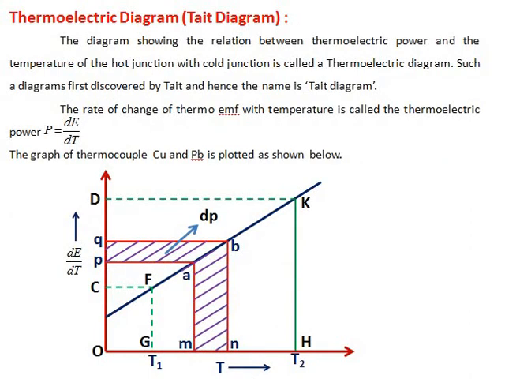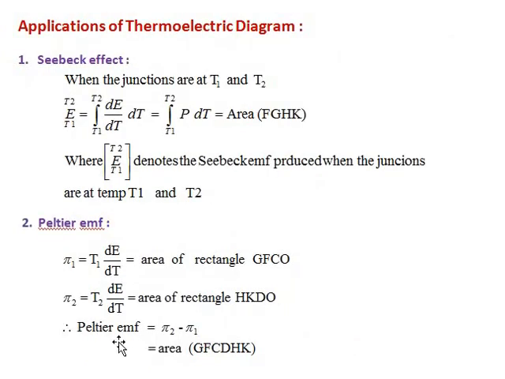So see here, at T2, pi2 we have to find. Pi2 is equal to T2 into dE by dt. Okay, so this is dE by dt along y-axis. So therefore it is equal to area under HKDO. Clear? So therefore Peltier EMF is equal to pi2 minus pi1.